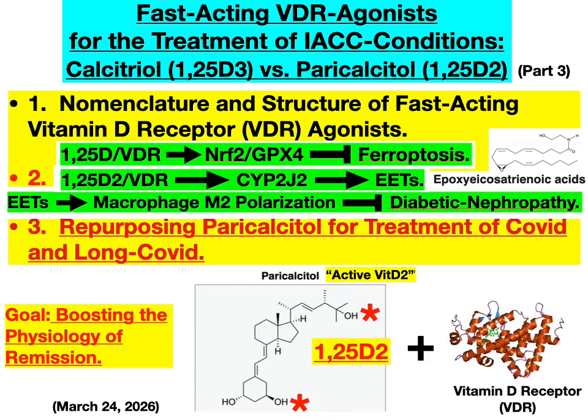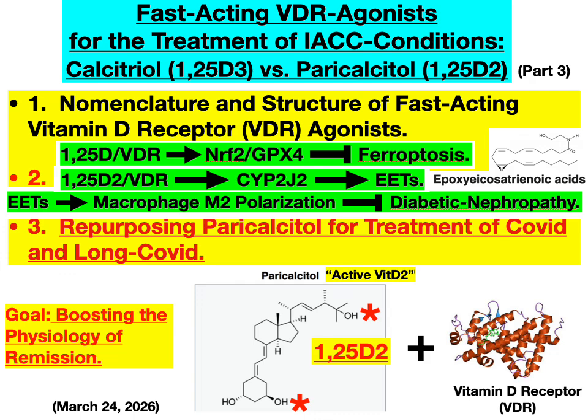So CYP2J2 puts epoxy groups on the unsaturated bonds of arachidonic acid. One epoxy group per arachidonic acid molecule. There are 4 unsaturated bonds in arachidonic acid, so the net result is a population of molecules that have varied placements of these epoxy groups.